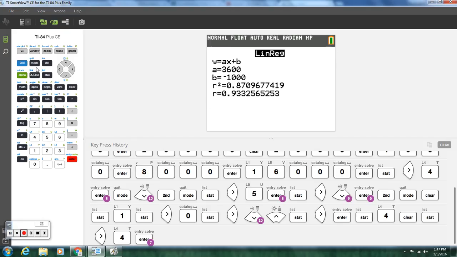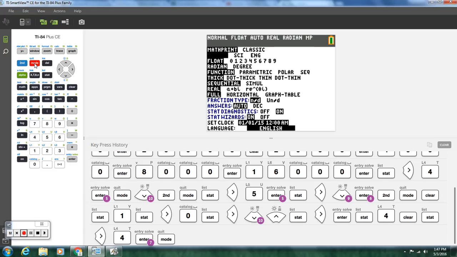One way. Mode. Go to the mode. And what did you have to make sure was on? That diagnostic. So on your calculator right now, if it's not on, put it on.